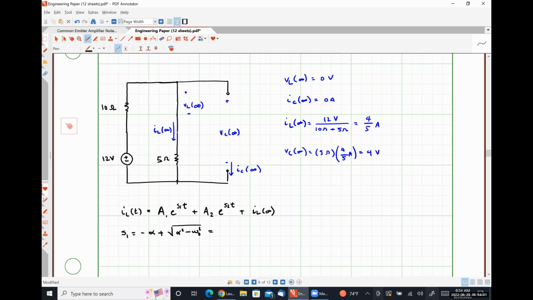So alpha was 4.992. Omega naught was 4.082. And so from this, I'm going to get, sorry, I was just storing things in my calculator. S1 is negative 2.119.